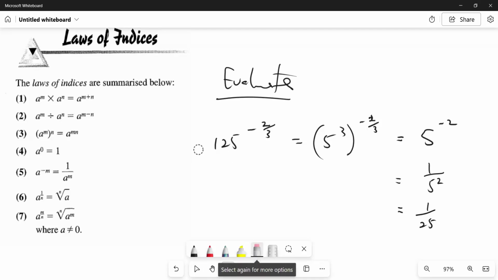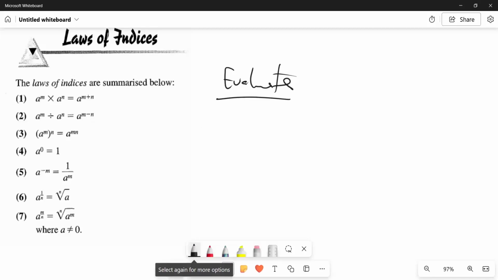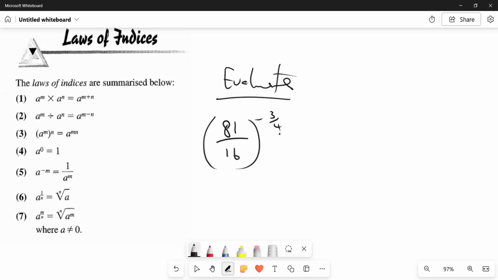Follow that one? Let's do a hard one. 81 over 16 to the minus 3/4.